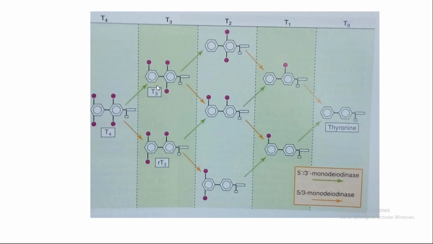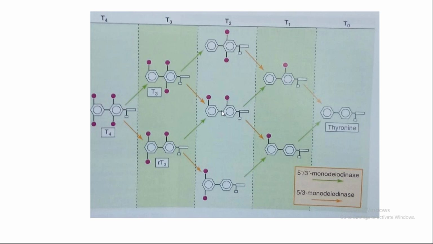But if the iodine is removed from the 5 prime place, then it will be converted to the most biologically potent form. Then if it is further removed at 5 prime, then 3, it will be T2. This is a non-functional form.